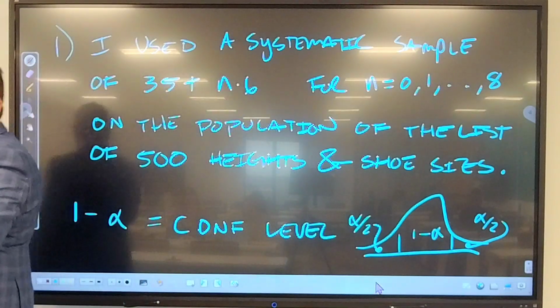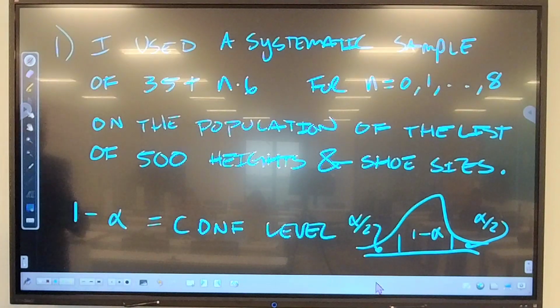So if I did the 95, the tail is 2.5%. That's what alpha over 2 is. You're just supposed to say what alpha is, so it's this 5%. Okay, so 5%, right? Right, 0.05. So I'll do that one too, 0.05.